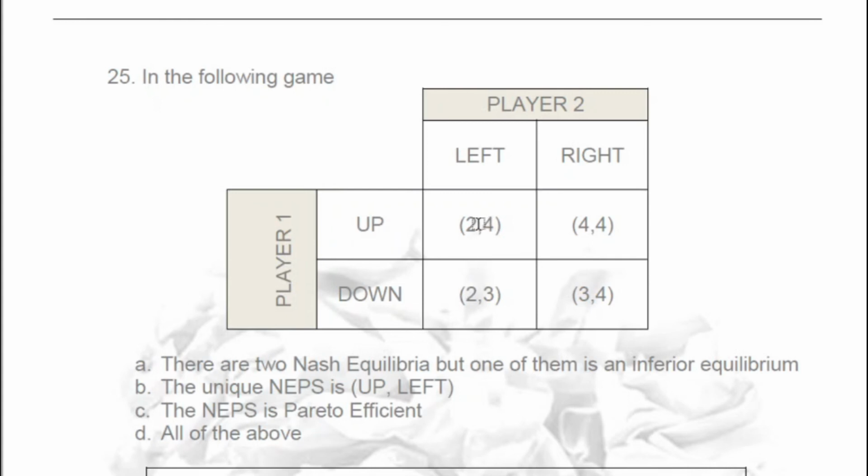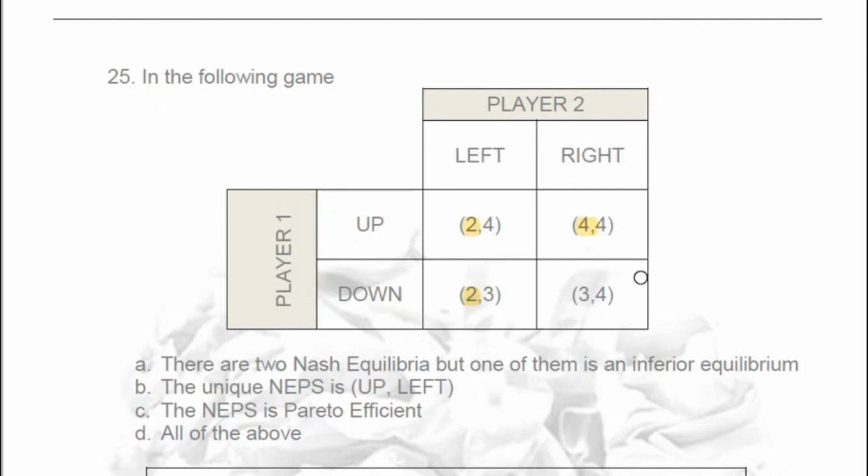So, when I have a tie, I should mark both strategies. Well, if I think that player 2 could choose right, I should choose up and win 4 instead of choosing down and winning 3.